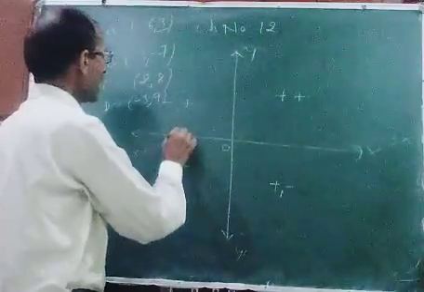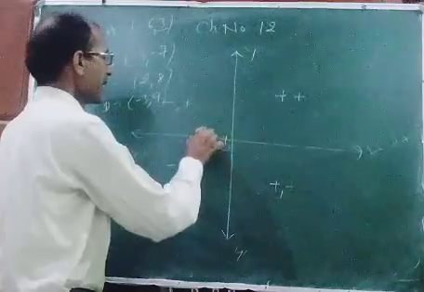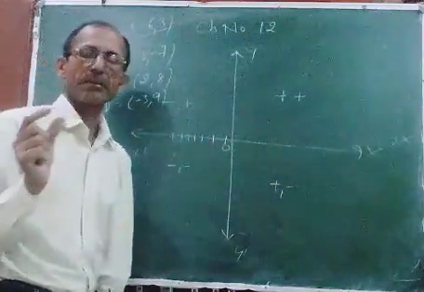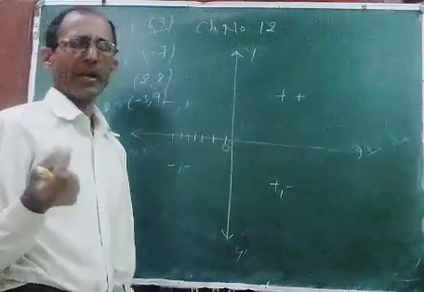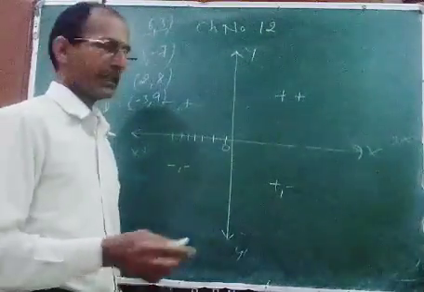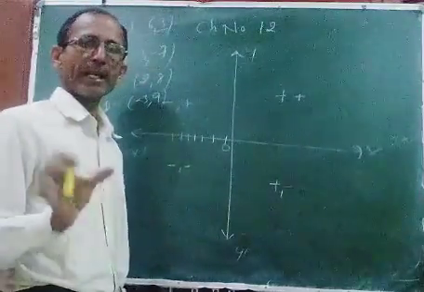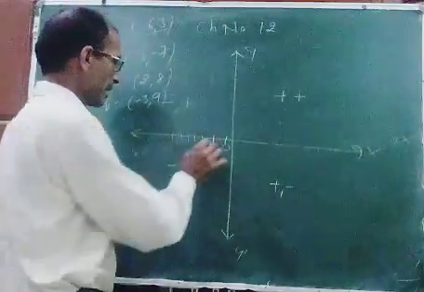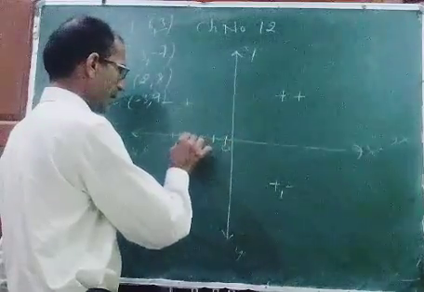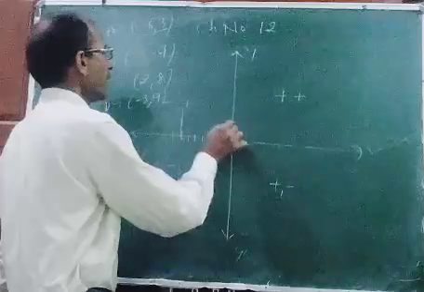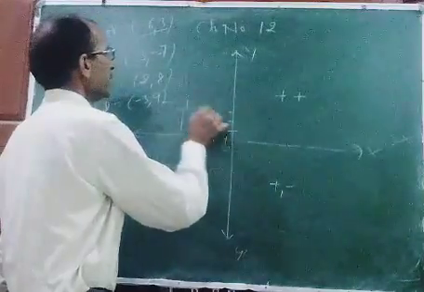So x is -6 at equal distance on your graph paper. 10 small squares will represent one unit, or you can take according to what you like. Generally 10 small squares will represent only 1 unit. 1, 2, 3, 4, 5, 6. So this is -6, value of y 3, 1, 2, 3.